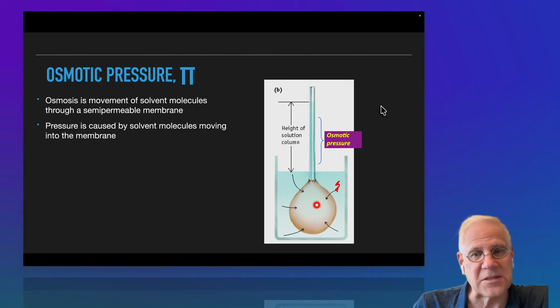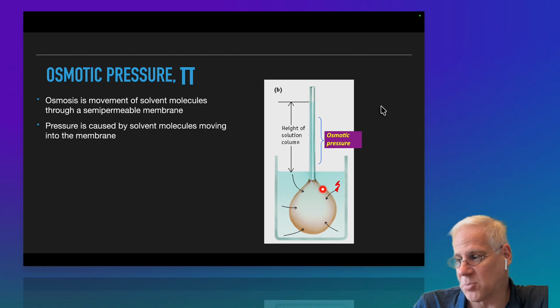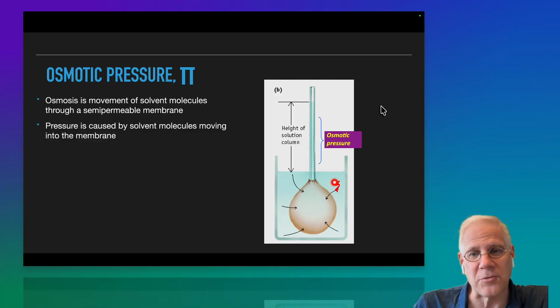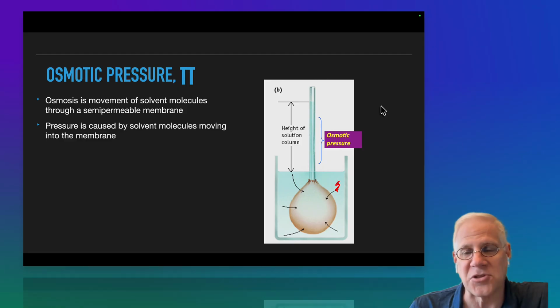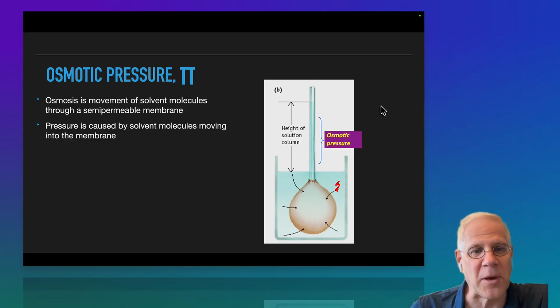But of course, since this is a solution and this is pure, if no solute particles go into that pure solution, there's no possible way to dilute a solution to become a pure solvent. So there's always a constant drive that wants to push solvent molecules into the solution through that semi-permeable membrane.